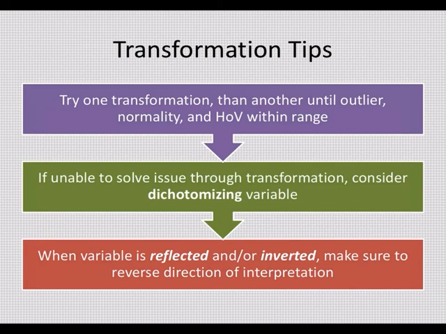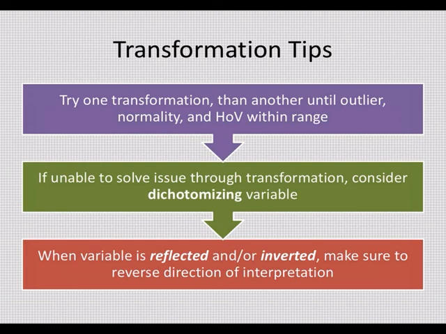Did I say chi-square? It actually is square root, sorry. So we would just try one at a time until we find the transformation where the data no longer violates the assumption.